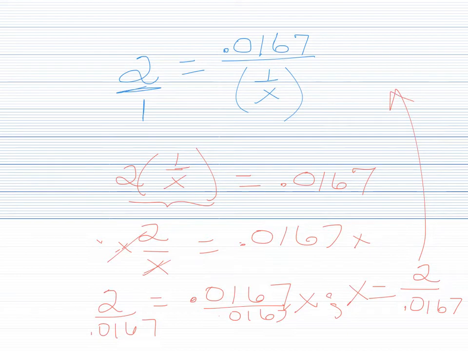Guess what that's equal to? So 2 divided by 0.0167 is 120 minutes.